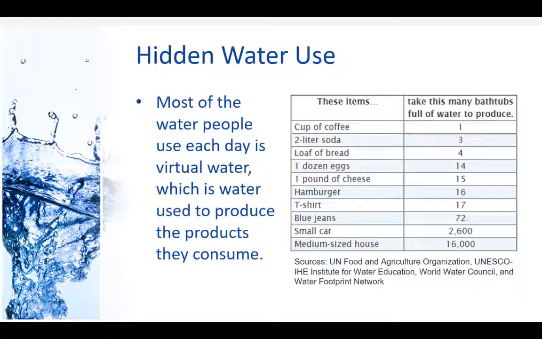Medium-sized house, about 16,000 bathtubs worth of water. That's a lot of water. So we have to start thinking about our water usage, not just in terms of what we drink or what we flush or what we brush our teeth with, but in every single decision that we make in terms of what we consume, right?